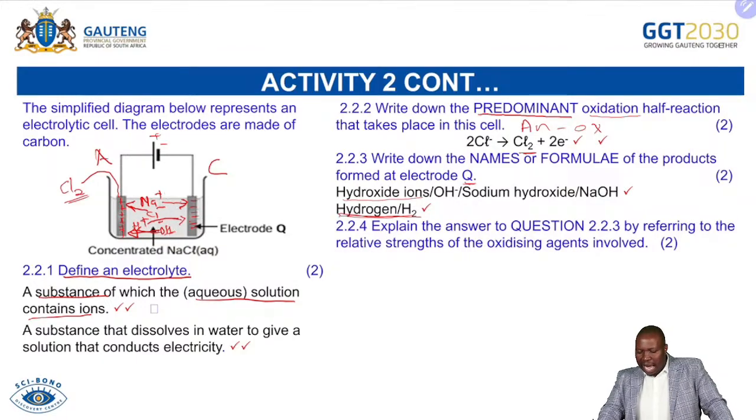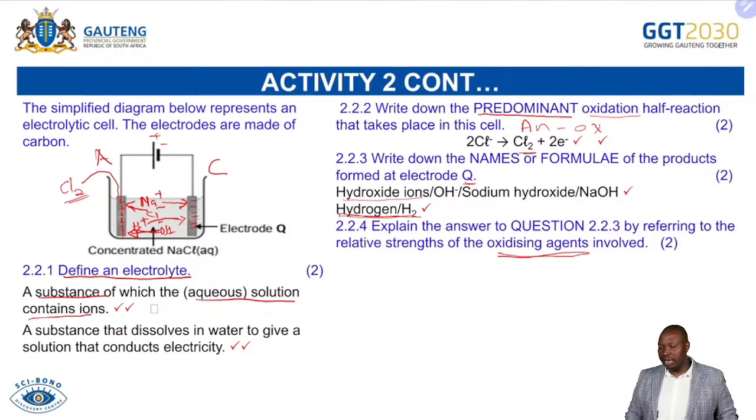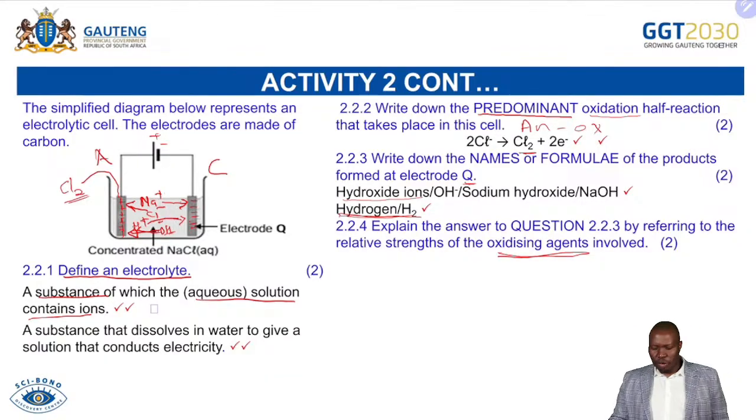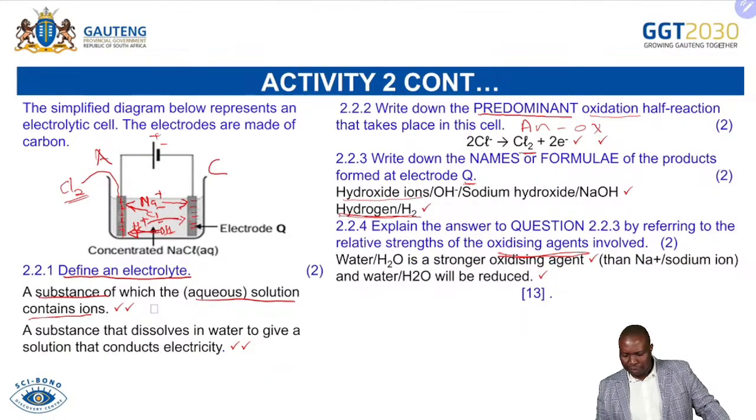Now, explain the answer to question 2.2.3 referring to the relative strength of oxidizing agents. So they are simply saying that you are on the left of the table where we find oxidizing agents. So explain the answer that you wrote in terms of that.